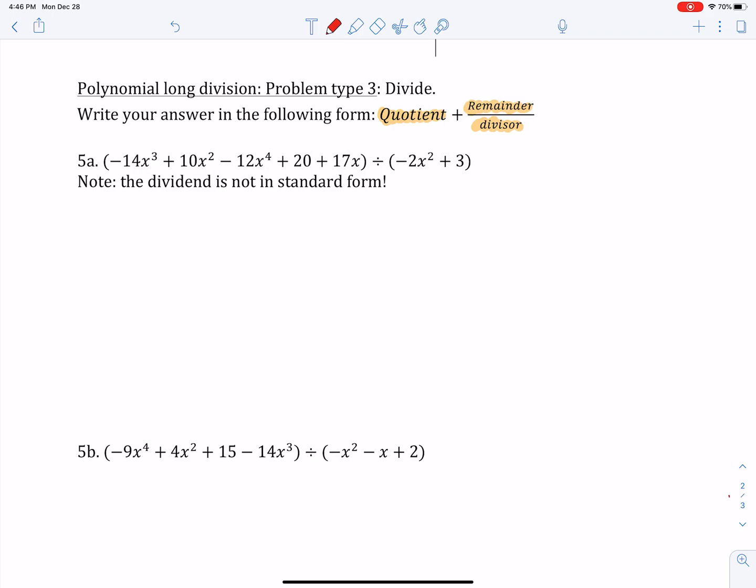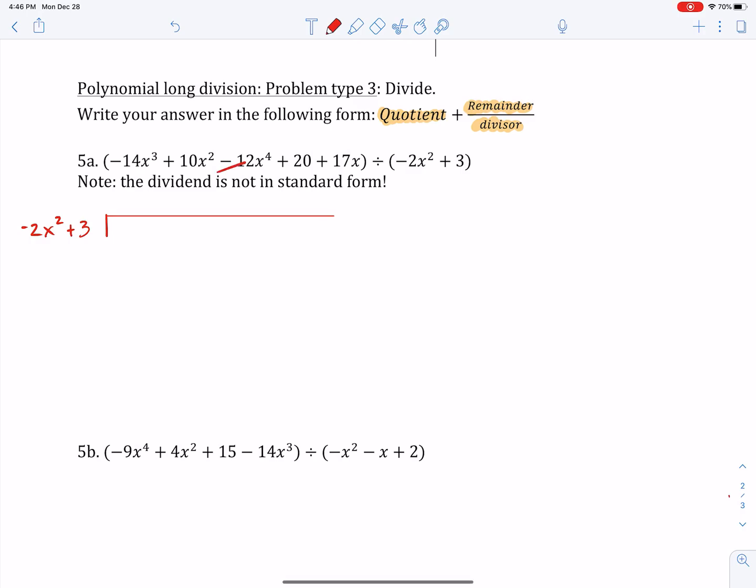So our divisor is negative 2x squared plus 3. And then our dividend is, now we want to put everything in order here.